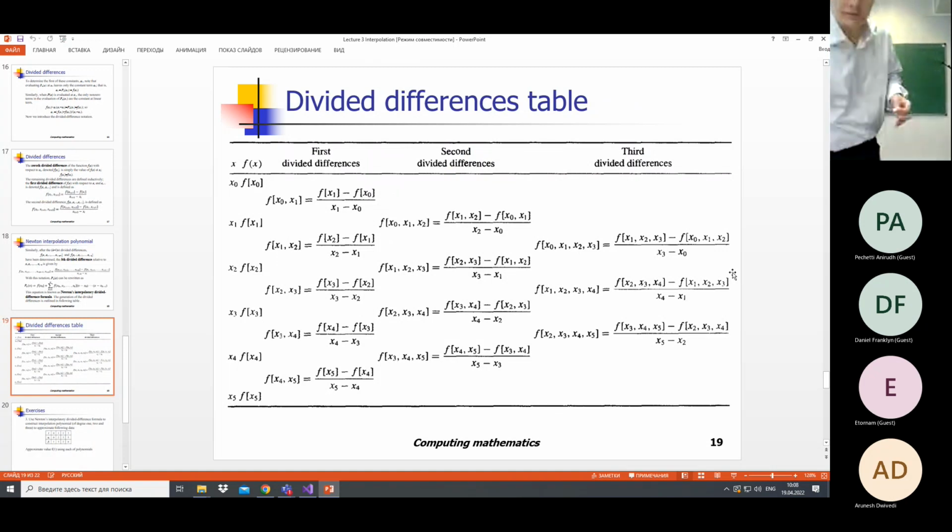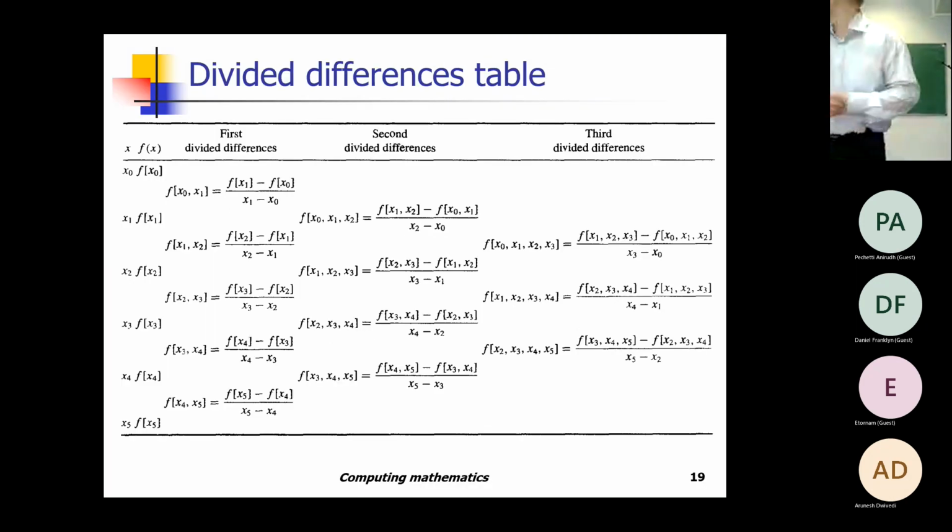Let me open this table on the full screen. On this table, the first column, or I can write it as the first row, is just the values of the function.